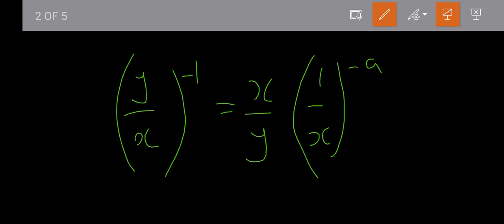What does this mean? This is going to be x over 1 raised to the power a. I hope we're getting it. So whenever we are having a fraction with a negative index, all we need to do is find the inverse of that fraction.